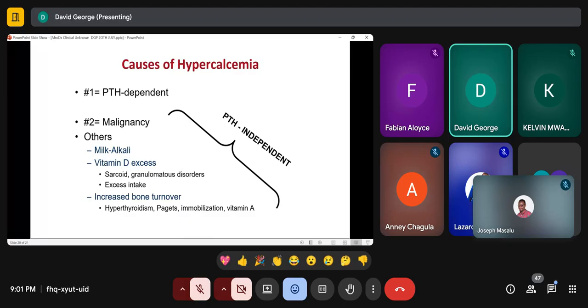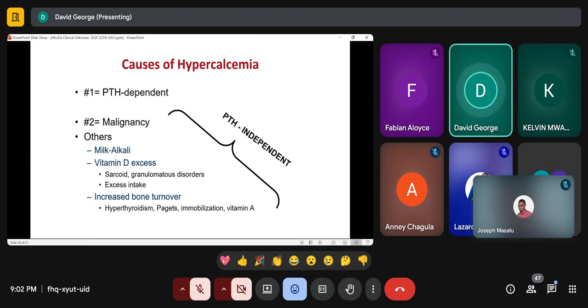When you come across hypercalcemia, just think about two major categories: whether it's PTH dependent or PTH independent. PTH dependent is, for example, primary hyperparathyroidism, where you have an elevated level of PTH.